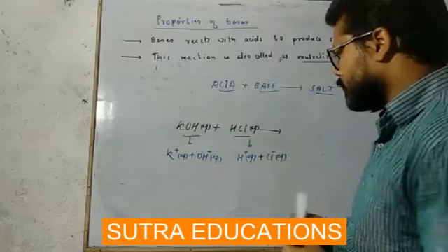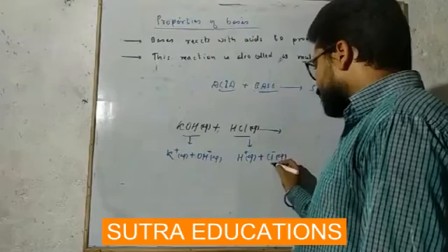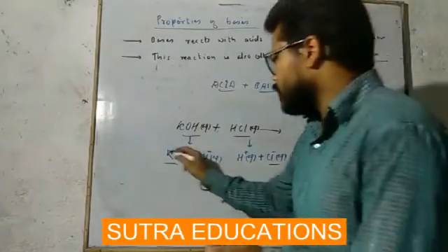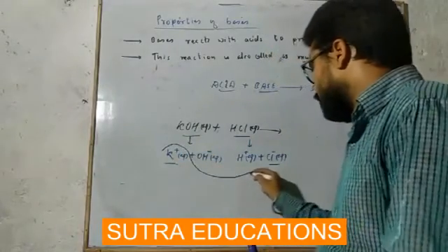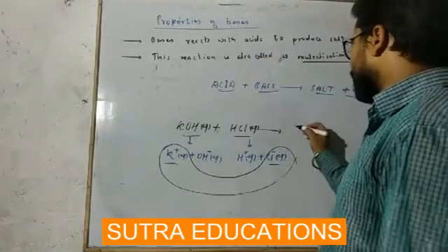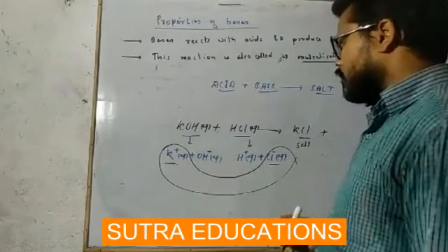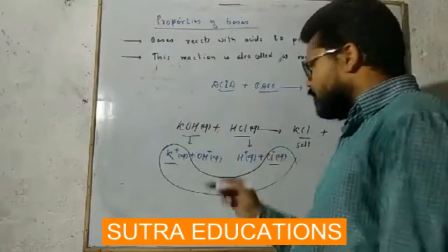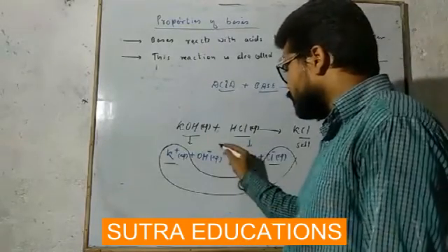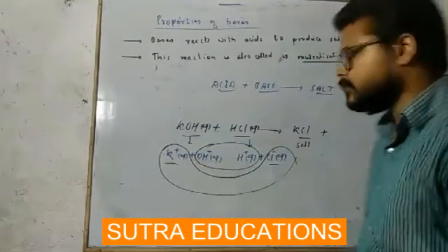So this Cl- and this K+ get combined with each other and form KCl, which is the salt here, plus this H+ from HCl and OH- from KOH, that is from the base, again combine with each other to form H2O.